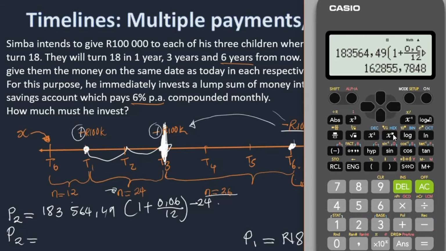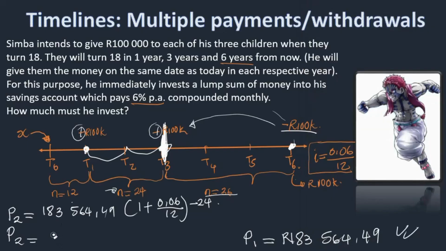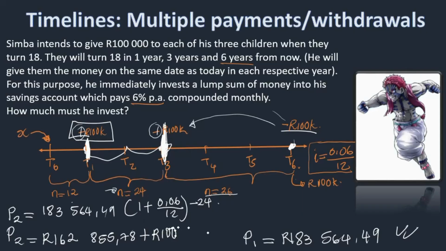How much are we getting? 162,855.78. And then now we are here. Do you see that? And what happens there? There must be another 100K there. I'm going to say plus 100K. That's my P2.